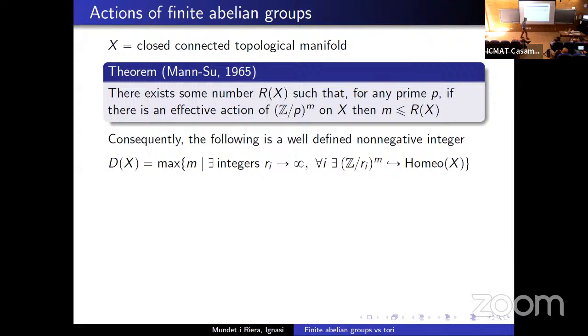Okay, so let me copy this definition on the blackboard because it will be used in all the talk. So D of X is the maximal m for which there exists an effective action of (Z mod r)^m for arbitrarily large r.